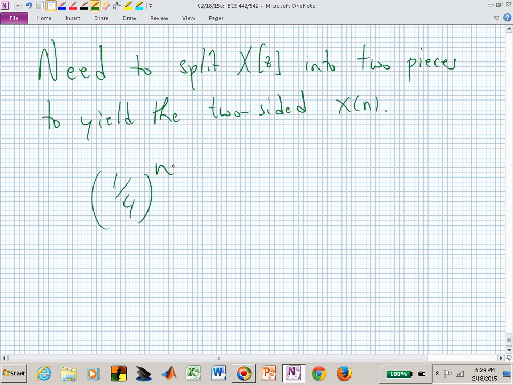We know that we have 1/4 to the n being true for n non-negative, and we know that we have 2 to the n for n negative.